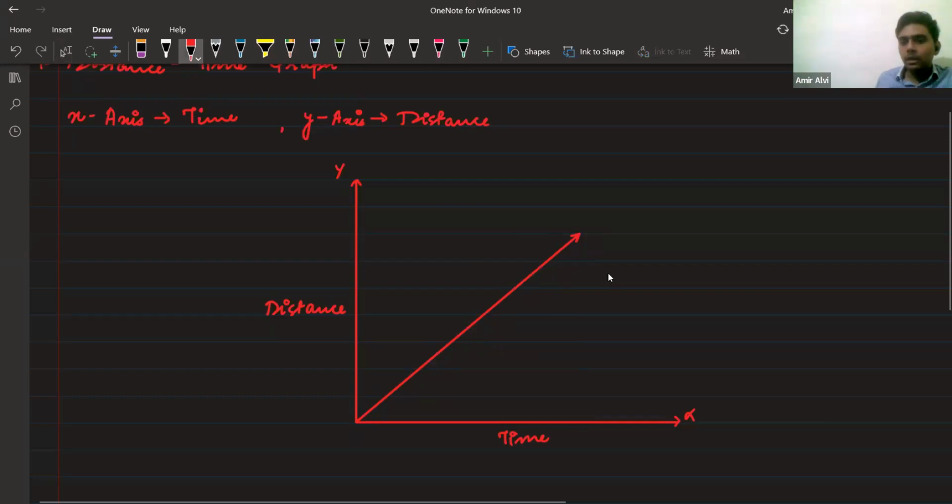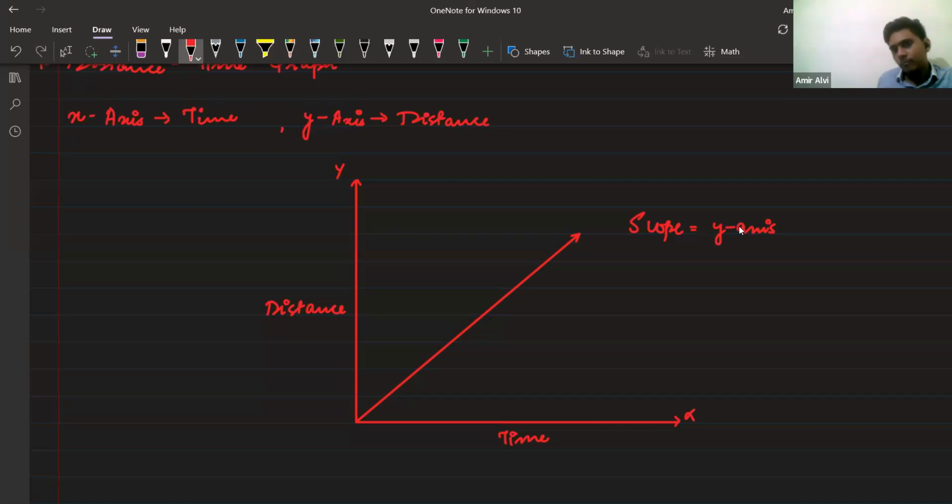It is basically represented as slope. Slope is the ratio of y-axis to x-axis. Clear, everyone?